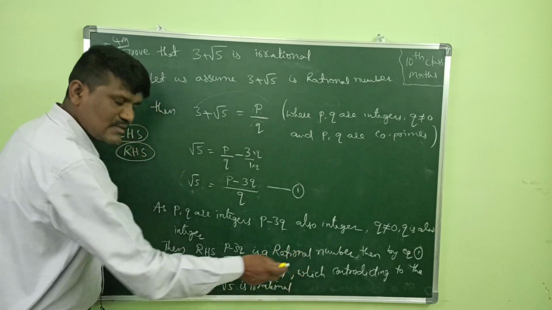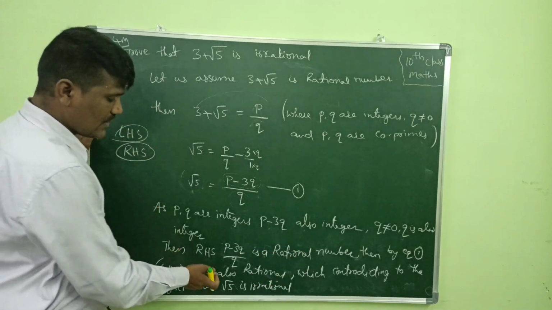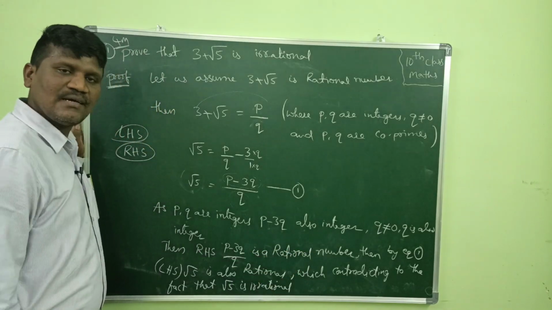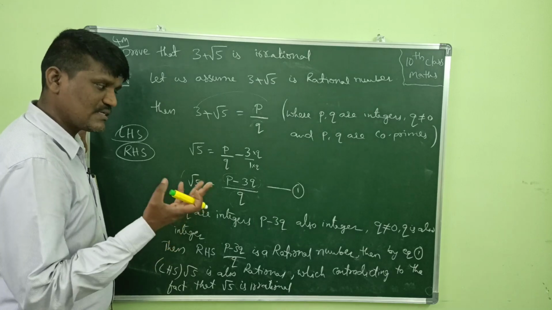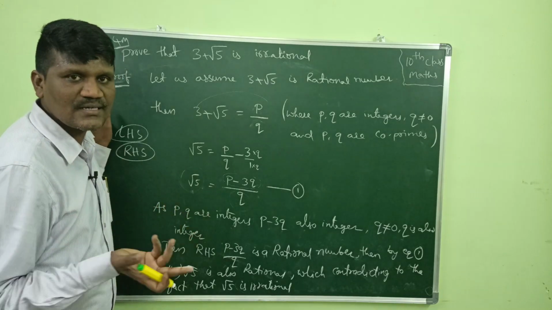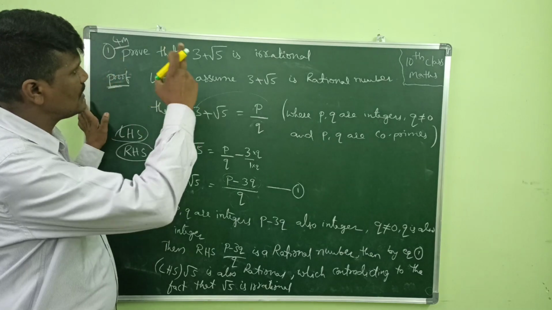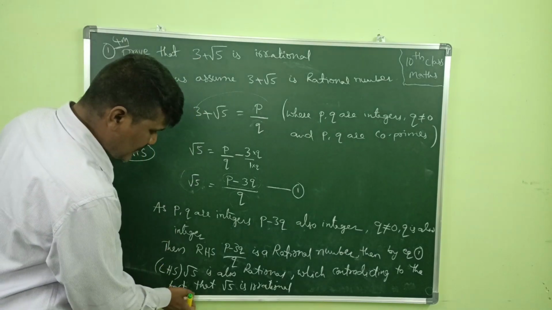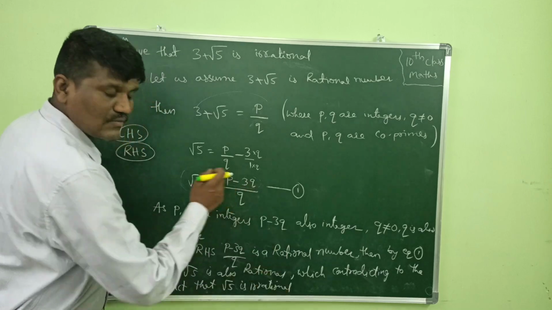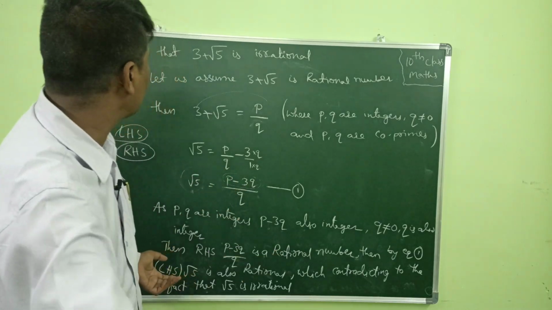We know that root 5 is irrational, but we got here root 5 as rational, which is a contradiction. Why has this contradiction arisen? Because of our wrong assumption. So we can write the fact that root 5 is irrational, which is a contradiction. This has arisen, we can write here.